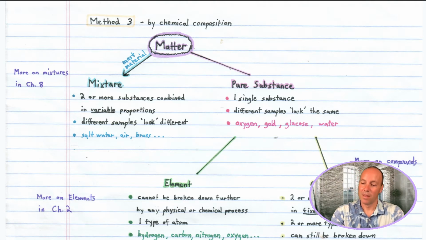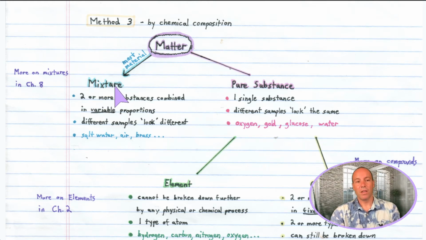All right. Now, most material is a mixture. In fact, you will probably never see a 100% pure single substance. Almost everything out there, even if you have some water and you purify it, there will always be a few molecules of impurity.